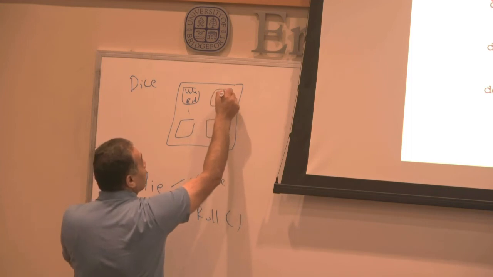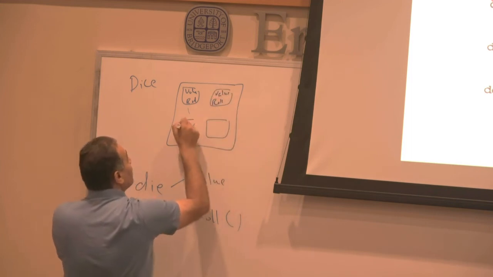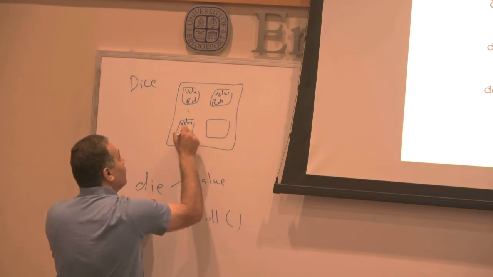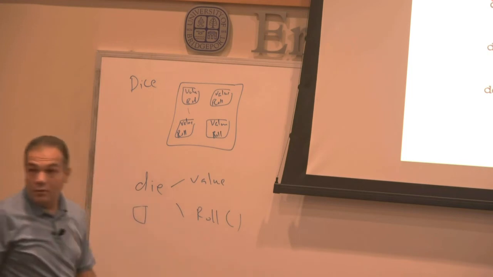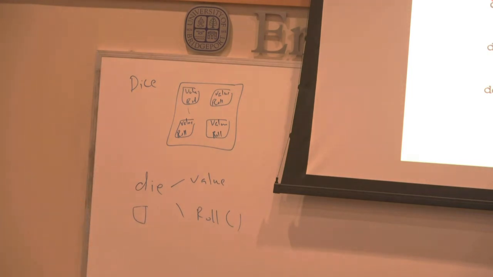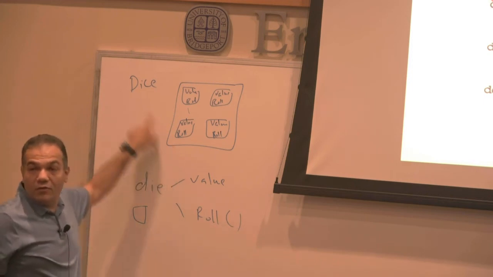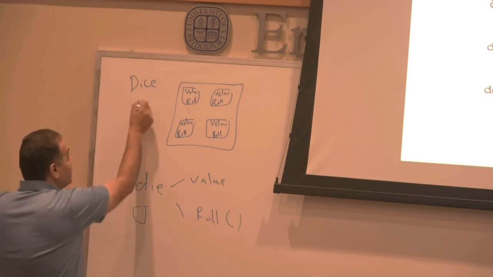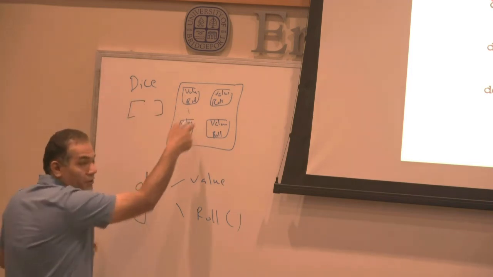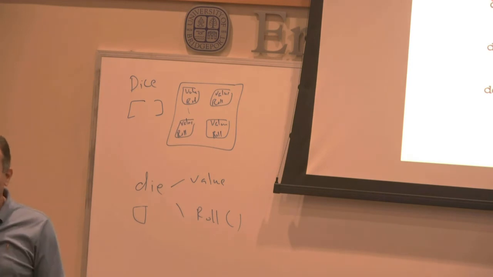Value and roll. What are the attributes of the dice? A list of dice. So dice is an object built of smaller objects. What are the smaller objects? Die.